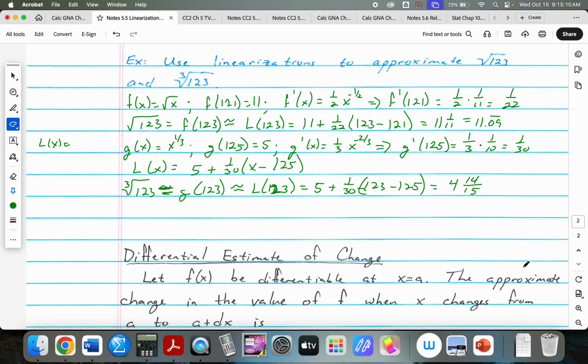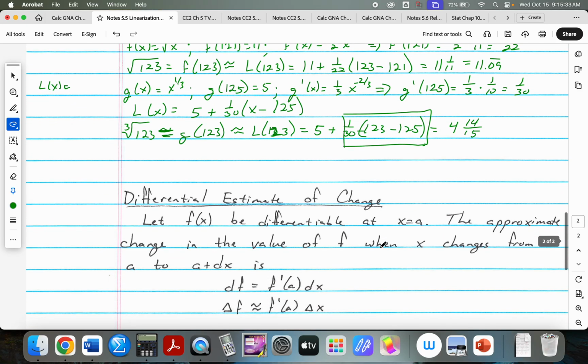Now I want you to notice something here, that this first part got us in the ballpark, right? The 5 did. And this second part got us how much we had to change from that. So this part is sometimes called the differential estimate of change. If f of x is differentiable at x equals a, the approximate change in the value of f when x changes from a to a plus dx is df, which is equal to f prime of x times dx.